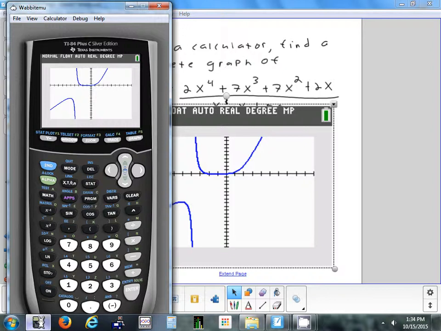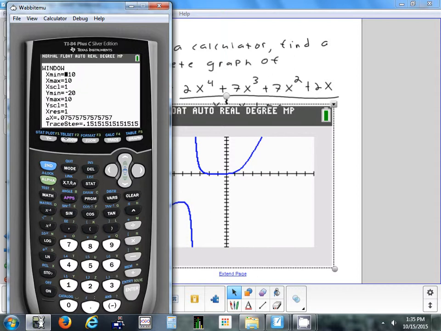What do I have to change on my window to kind of zoom in on that section? Change the y's. Instead of negative 10 to 10, let's try negative 1 to 1. If that's not enough, we'll do a little more. Oh, I changed the x's. Leave that at negative 10 to 10.